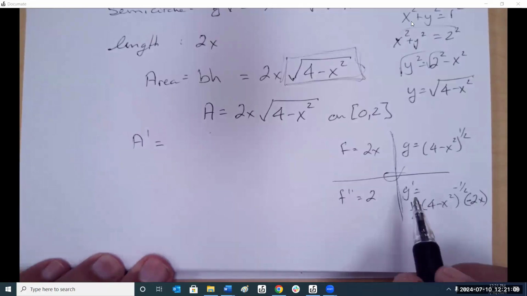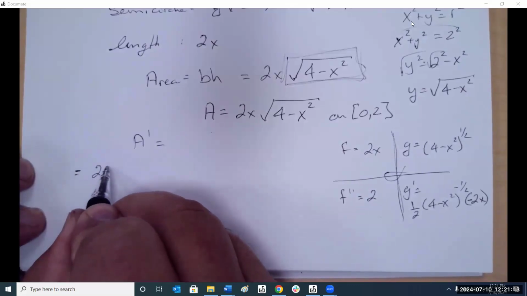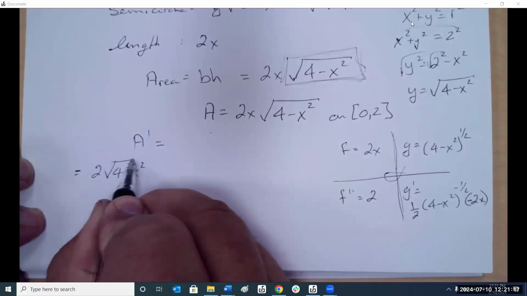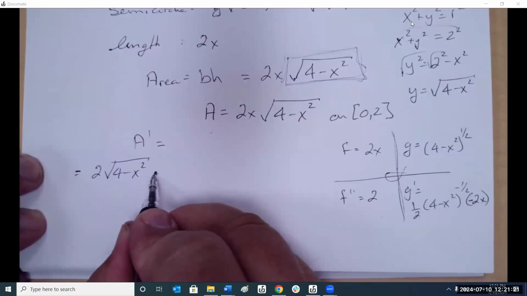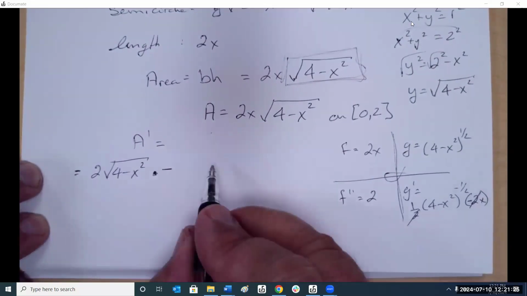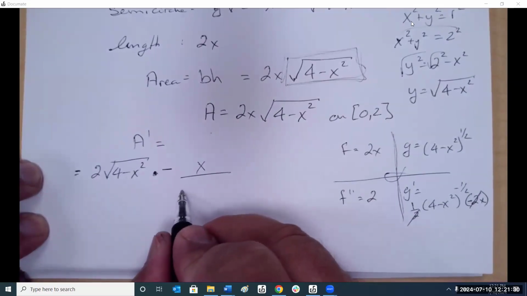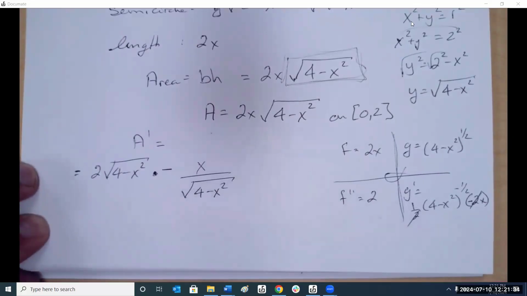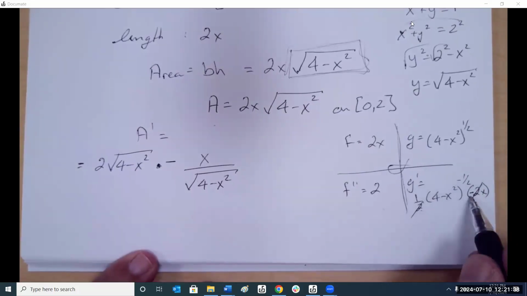So the derivative is going to be 2 times the square root of 4 minus x squared. Plus, well, that's a minus. The 2's cancel. x over square root of 4 minus x squared. The 2's cancel.